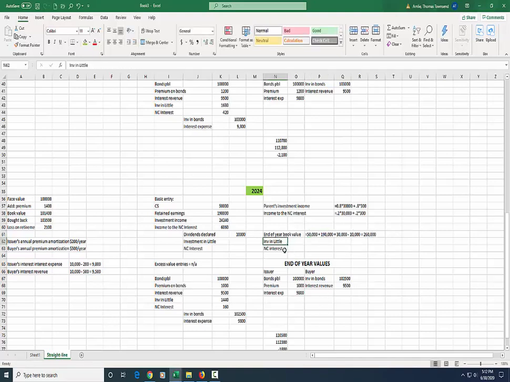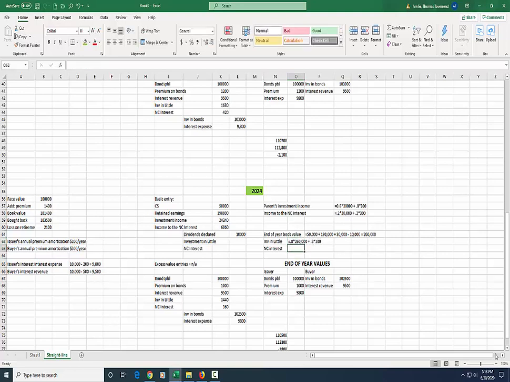And so again, we're going to split that 80-20 between the investment in Little and the non-controlling interest, and then copy these same adjustments. So let's go ahead and do that. 80% of 260 plus 80% of 300.